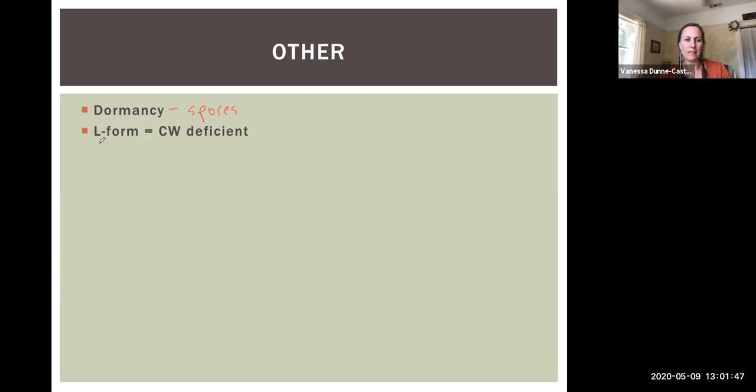And then the L form, this is a term that we use to talk about cell wall deficient organisms. As long as they are adapted to that changing osmolarity, right, so that they have other mechanisms to prevent the lysis in the face of osmotic pressure, then they can exist in this L form, and therefore any cell wall enzyme drugs would have no effect on these types of organisms.